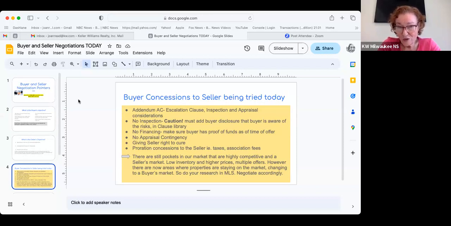You don't have to use it. You don't have to use all three clauses, only what you and your buyer are willing to do. If you want to put in an escalation clause, it's all there. The wording is consistent for you to put in the amount and the cap that you're willing to spend.